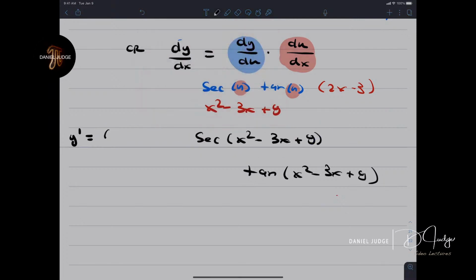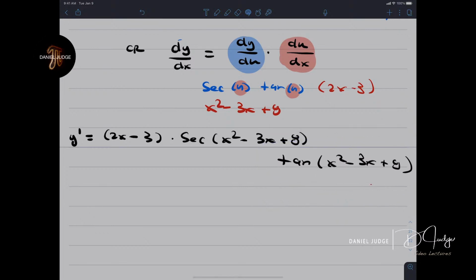And I'll put the 2x minus 3 out in front here, times, that's an 8, apologize, that's an 8. And this is times this here.